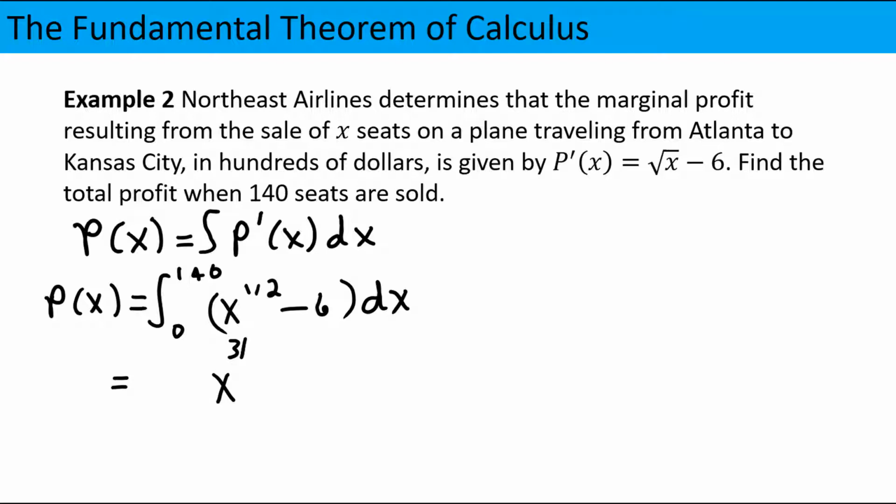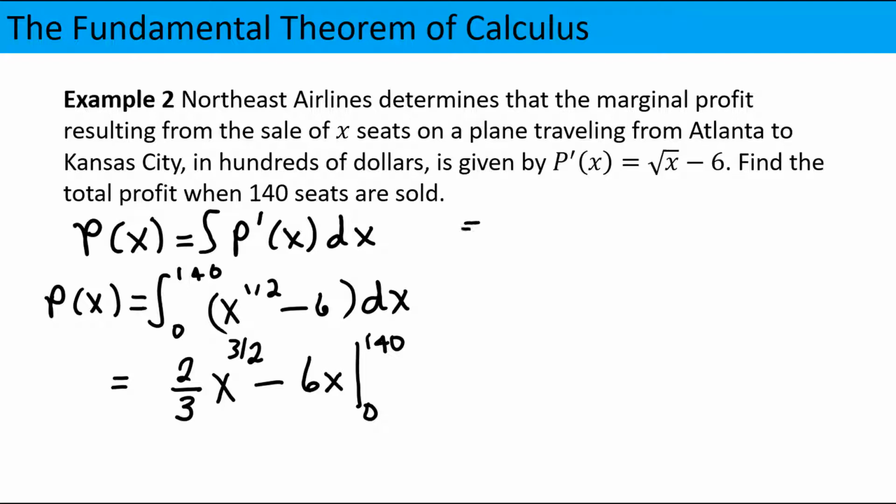Let's proceed. To get the integral of x to the 1/2, you add 1 to the power, so 1/2 plus 1 is 3/2, and the coefficient is 1 over that value, which when simplified is 2/3, minus the antiderivative of 6, which is 6x, and this expression needs to be evaluated from 0 to 140.